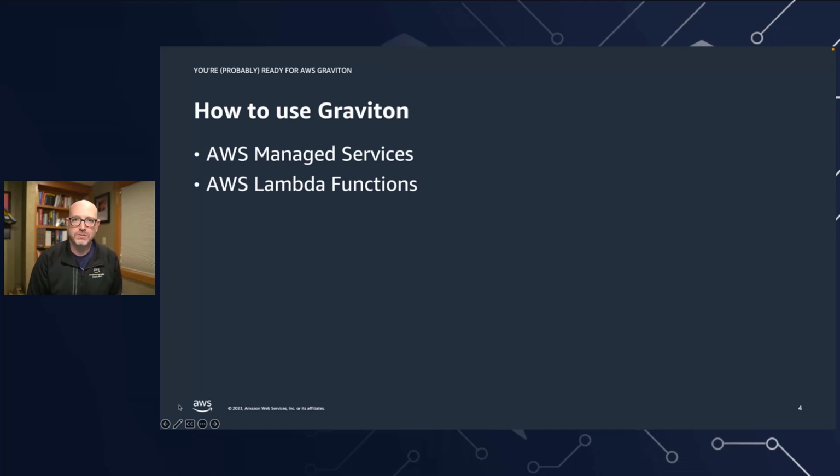With Lambda functions, you can often take your existing code and run it on ARM64 or Graviton without doing any changes at all. Next, I'll talk a little bit about managed compute for containers, specifically AWS Fargate. And then we'll talk a little bit about how you can run your workloads and migrate to Graviton using Amazon EC2 instances.